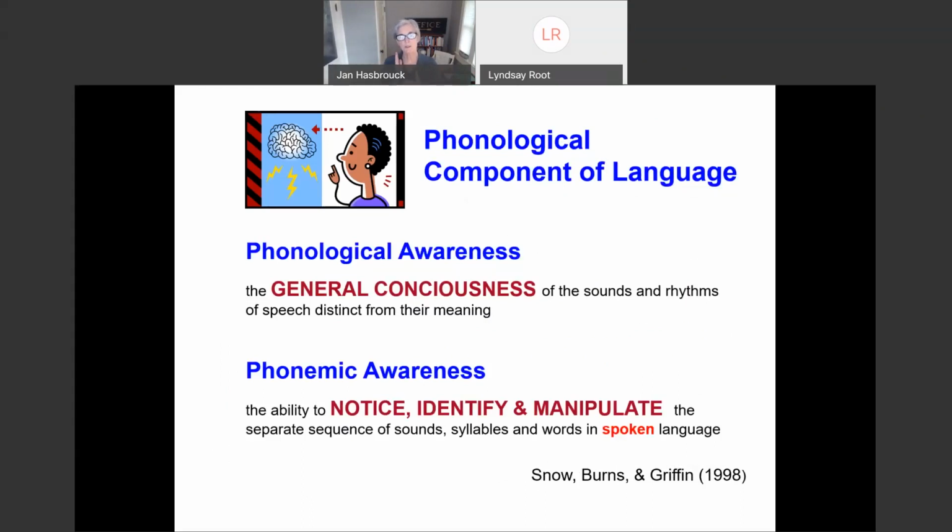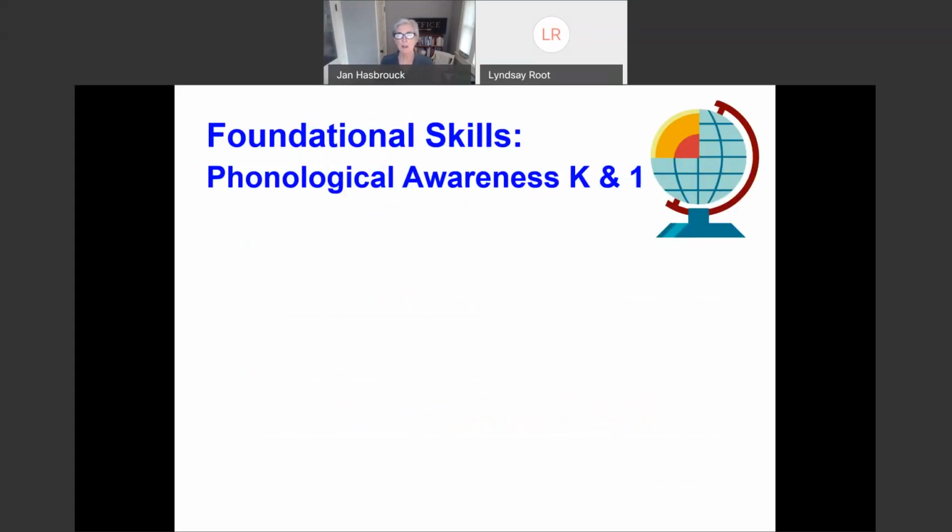That has to do with the sounds and syllables in words and the ability of the brain to notice that there are individual sounds, identify ultimately, and manipulate them. And it's the brains of the students that we now call dyslexic that have difficulty, mild, moderate to severe difficulty, with that phonemic awareness component.